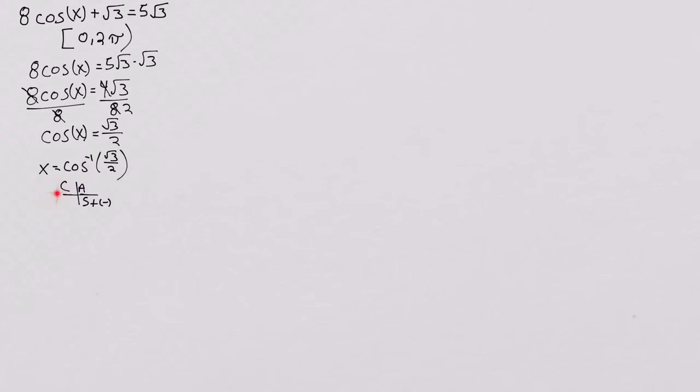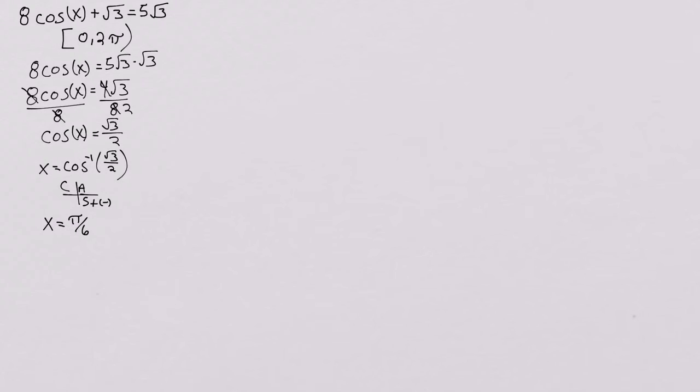Well, this right here is positive, so it must be in quadrant 1. So we're going to look in quadrant 1 on our unit circle. Cosine is the x value, and the x value of square root of 3 over 2 is pi over 6. Now remember, they expressed the restriction in radians, so you want to keep everything in radians. Don't use degrees.